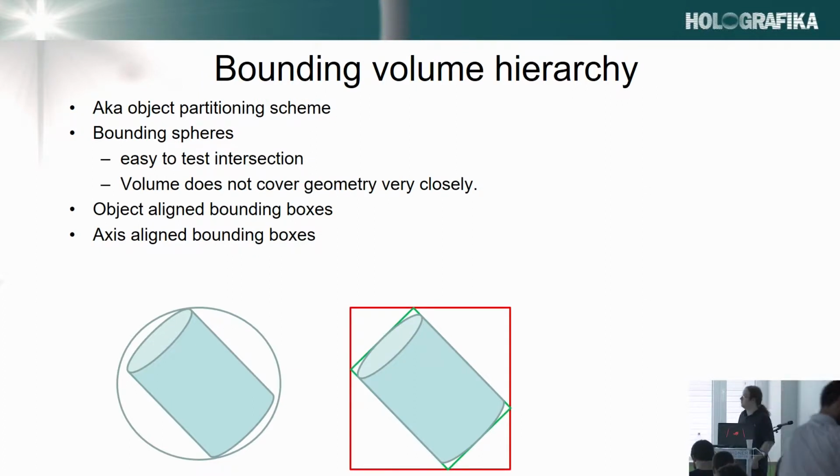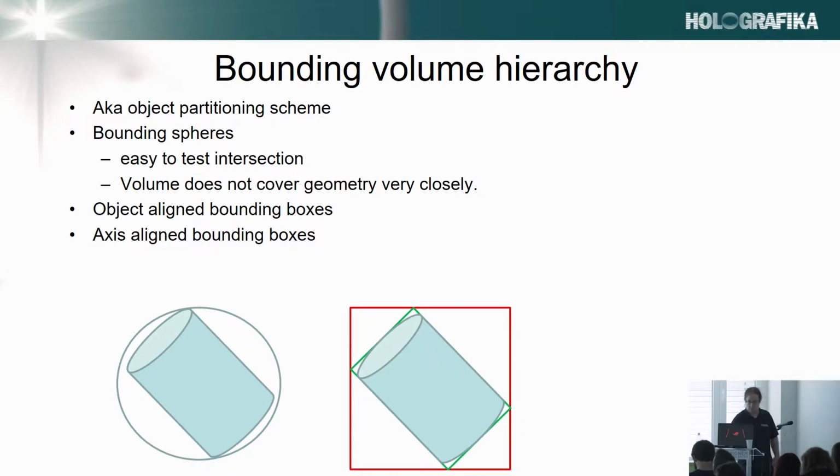Okay, so I've already told you that we can build some kind of acceleration structure to speed up checking whether the ray hits anything. We can do this in two ways. We can have an object partitioning scheme where we surround our geometry with some kind of bounding box or bounding sphere.